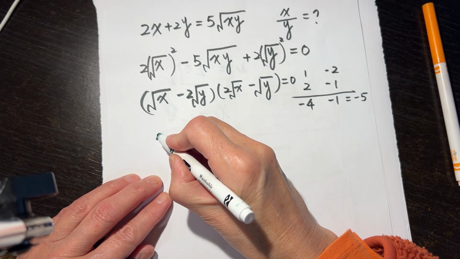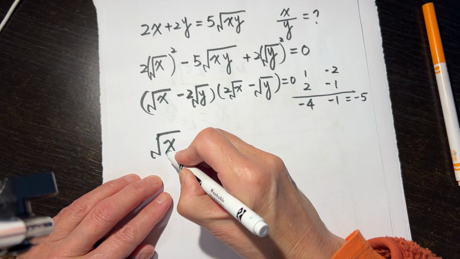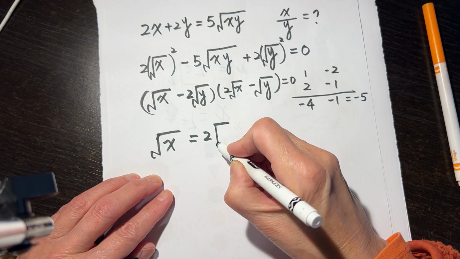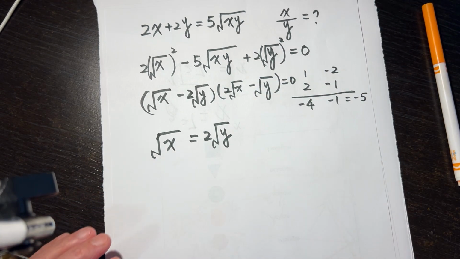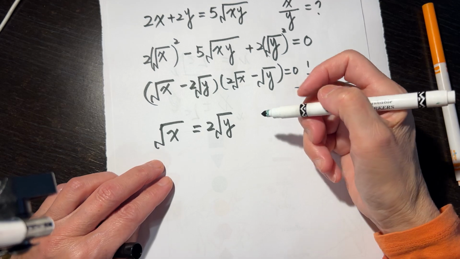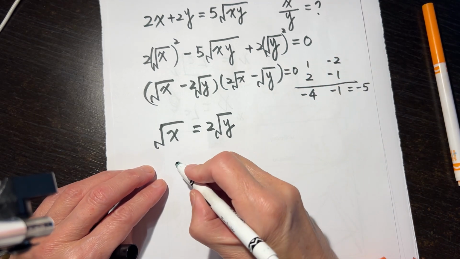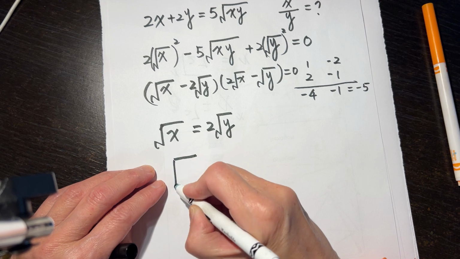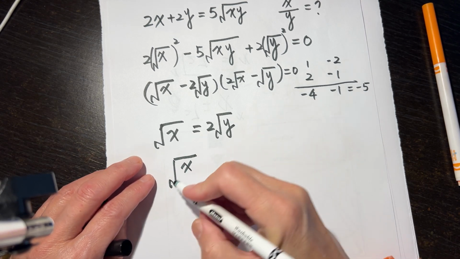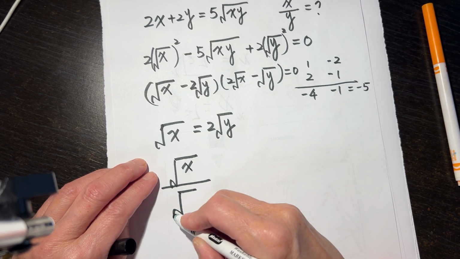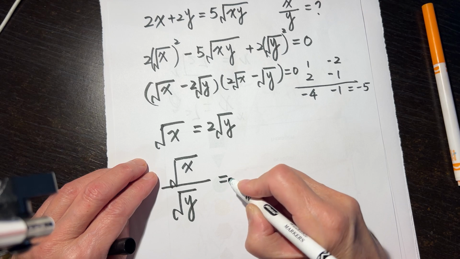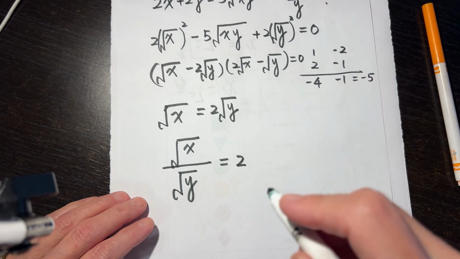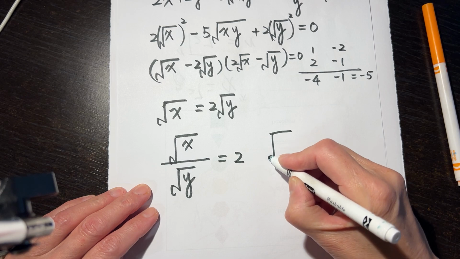So root x equals 2 root y, right? So root x over root y equals 2.